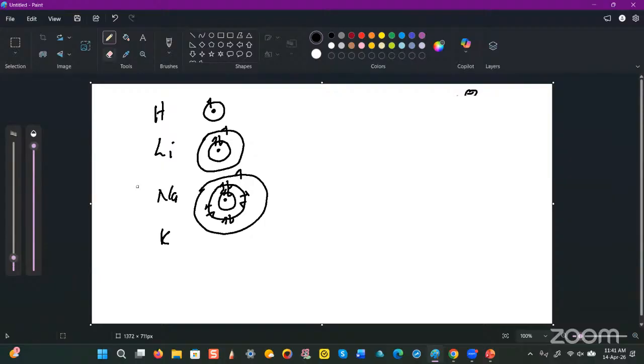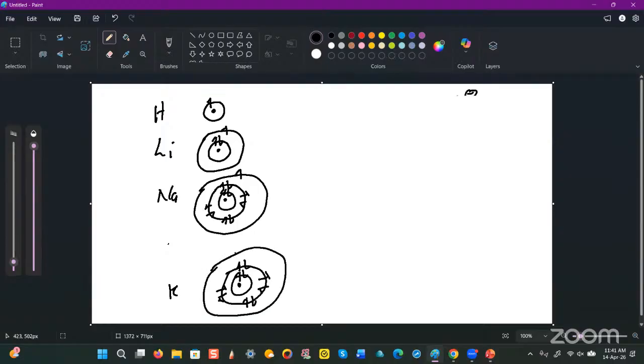And then when we get to potassium, that's even a larger atom because the first shell will have 2 electrons, the second shell will have 8 electrons, the third shell will have 8 electrons as well, and then the fourth and final shell will have 1 electron, right?